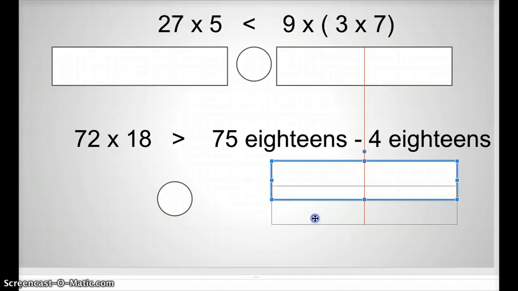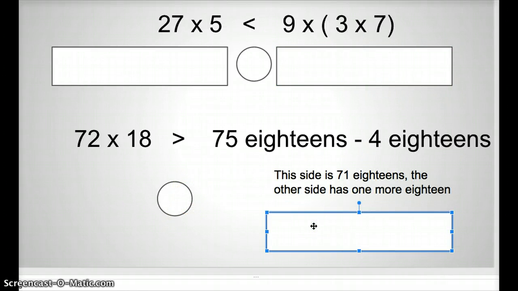The explanation is this side is 71 18s, the other side has one more 18. 75 18s minus 4 18s is 71 18s, and this is 72 18s, so it obviously has one more.